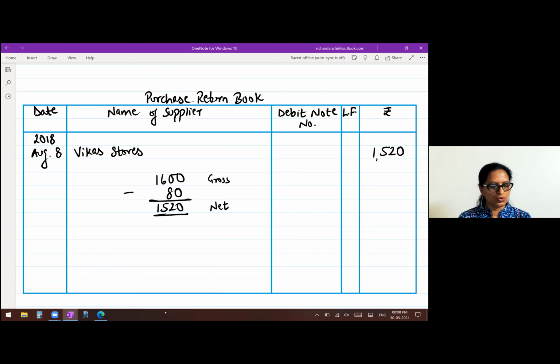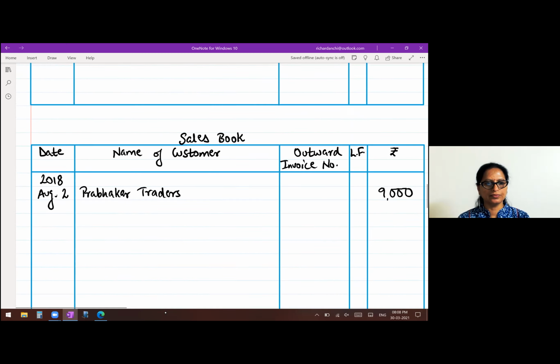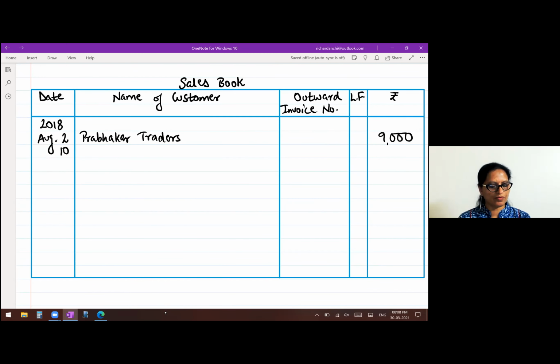10. Sold goods of rupees 12,000 on credit to Shamal and Sons at 6% trade discount. It is sold, so come to your sales book, write the date 10, write name of the customer, Shamal and Sons.